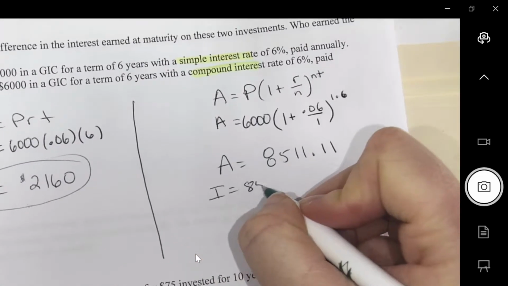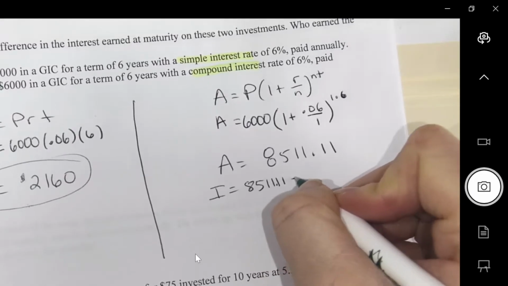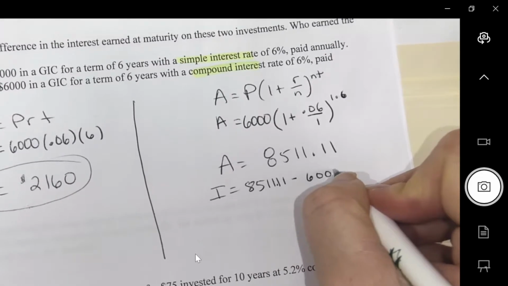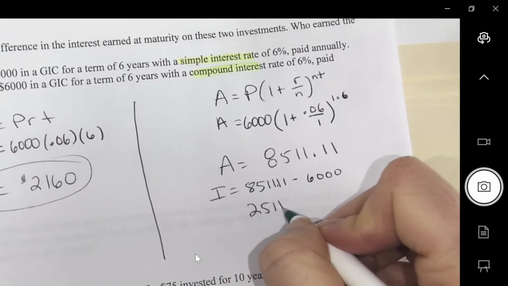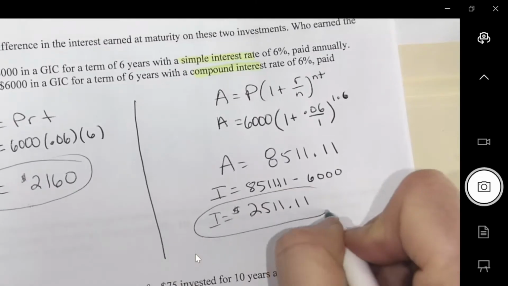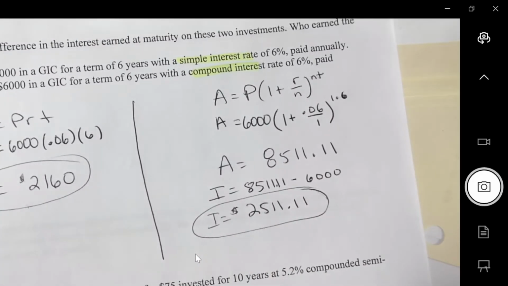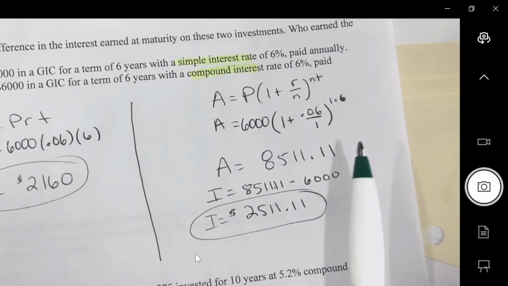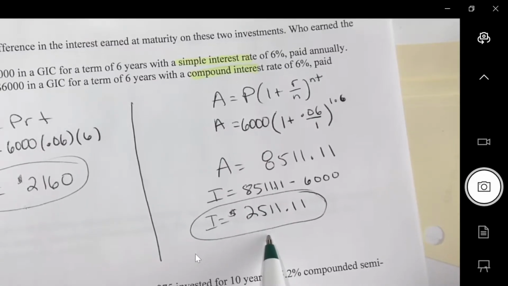So interest is final minus the start. Okay, we were right. The compounded person got more interest. We predicted that. And I think we need to do one more thing because it says determine the difference. So just subtracting those numbers is what you need to do.